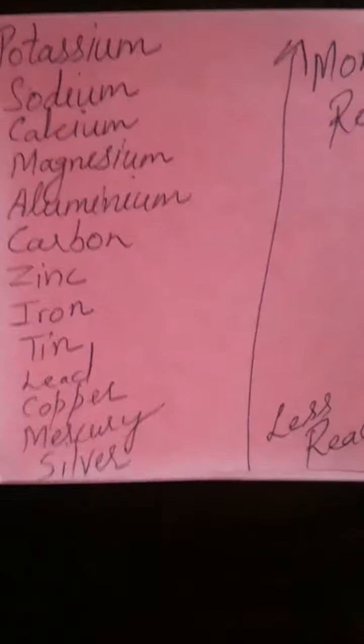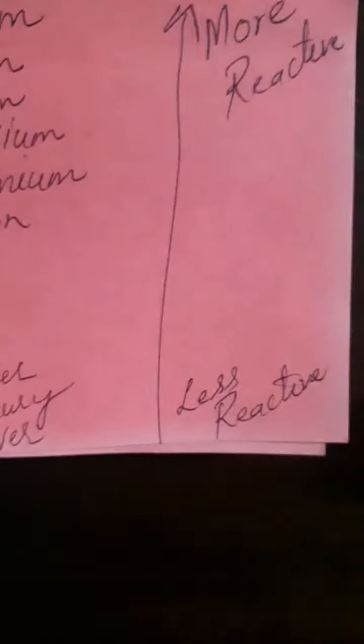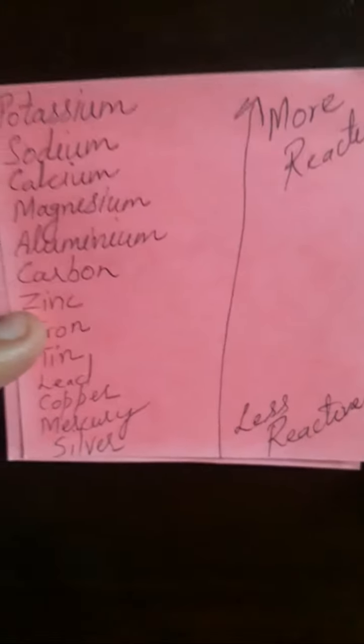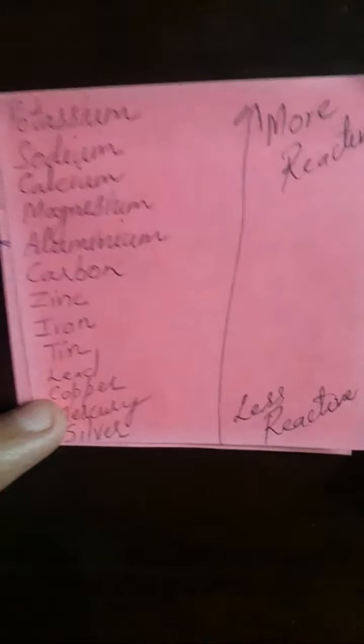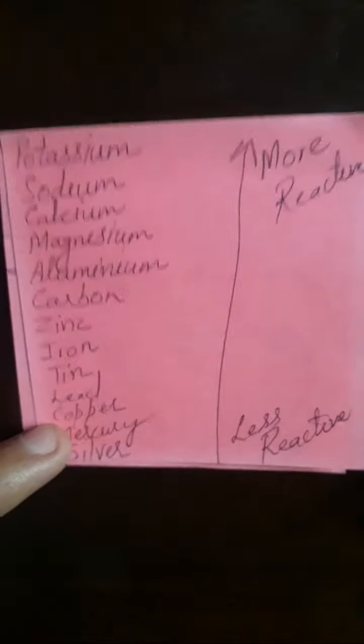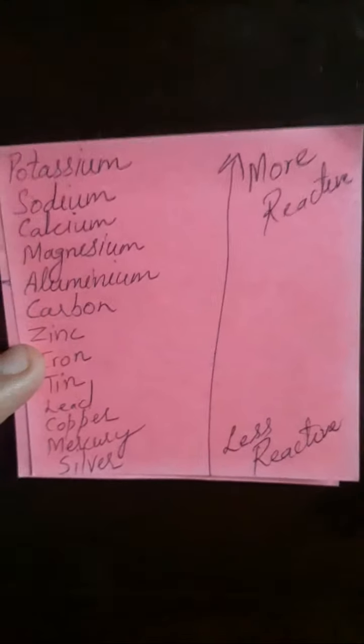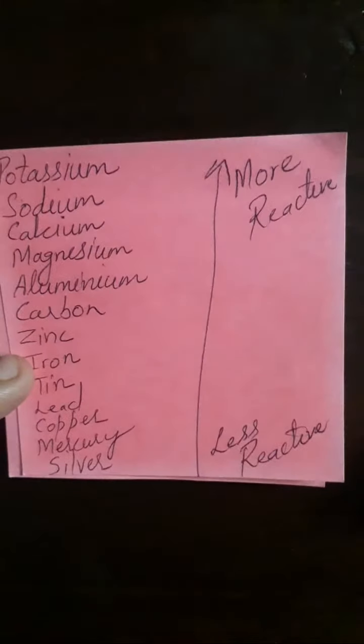Let's see from this series where zinc is and where copper is. Zinc is here and copper is here. So copper is less reactive than zinc, which means zinc will displace copper from its solution.